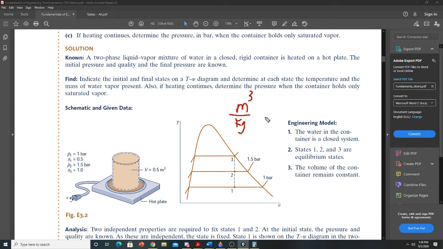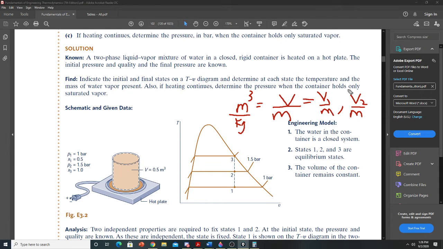Meters cubed per kilogram for specific volume. So essentially it's volume per mass, and if our volume stayed the same, remember V1 over M is our specific volume for state 1, and our specific volume for state 2 will be V2 over M.